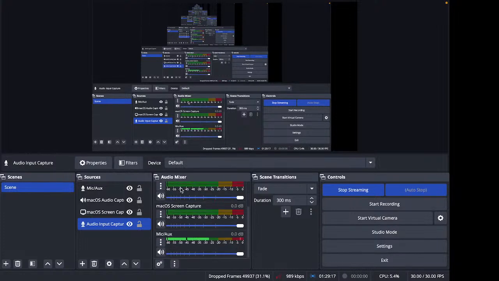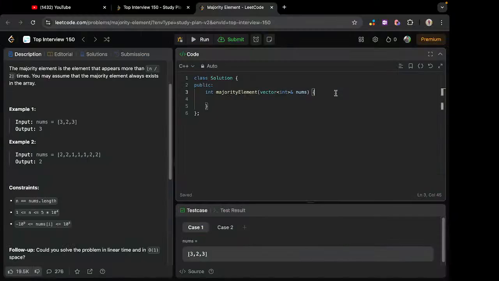and let me code the same logic here. I have to first get the size of the array, that is the size of the vector, that is nums.size(), and int count is equal to 0, int candidate is equal to 0 also.